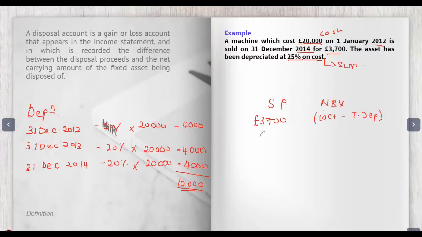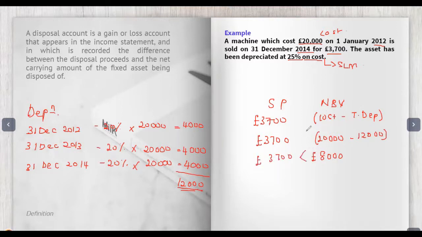Right, so we have 3,700 here. Our cost was 20,000 and total depreciation till date is 12,000, as we have calculated earlier. So this gives us our net book value of £8,000 and the selling price of 3,700.